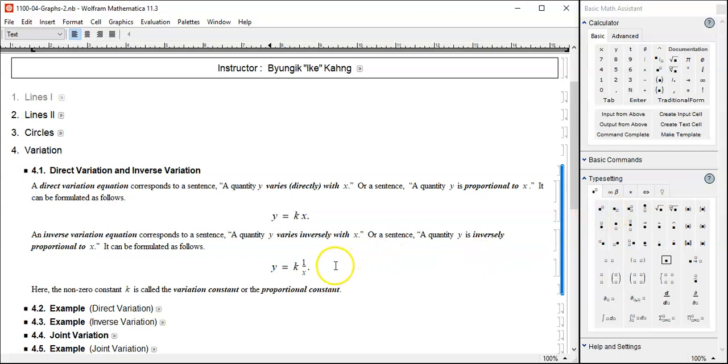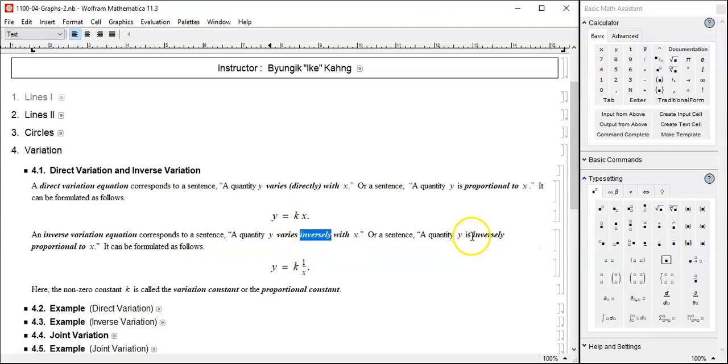Now the second equation down here is called an inverse variation equation, and it corresponds to sentences like y varies inversely with x. And in this case, you cannot skip inversely, because if you simply say y varies with x, that means a direct variation. So the inversely part has to be emphasized accordingly. Same here, a quantity y is inversely proportional to x.